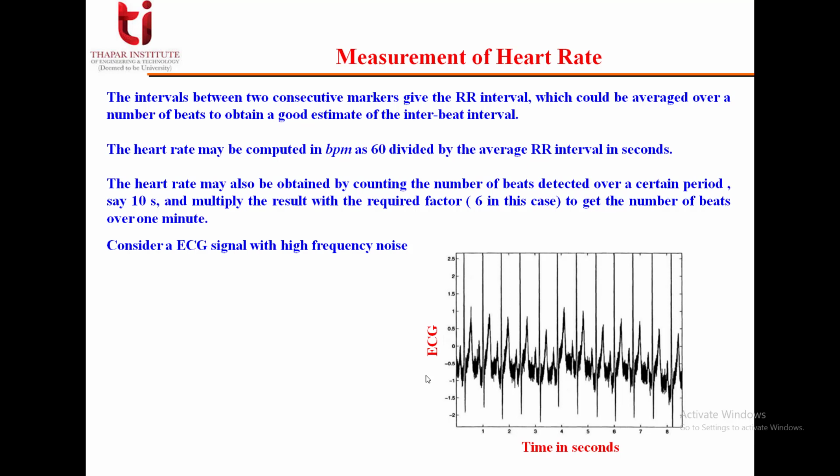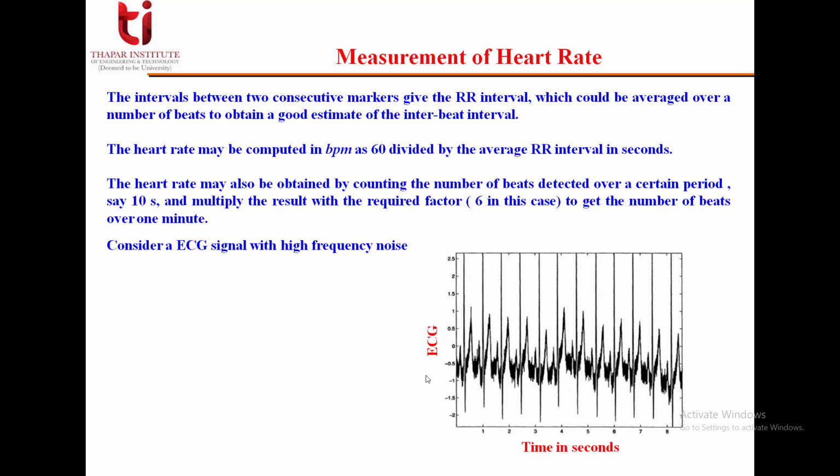The intervals between two consecutive markers, where we have detected the QRS complexes, give the RR interval, which could be averaged over a number of beats to obtain a good estimate of the interbeat interval, and the heart rate may be computed in beats per minute as 60 divided by the average RR interval in seconds.